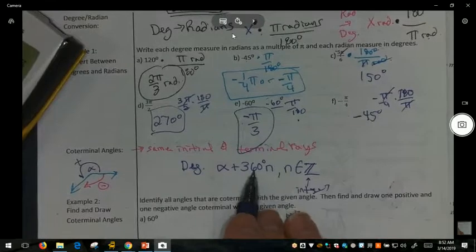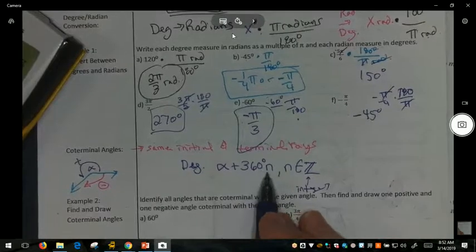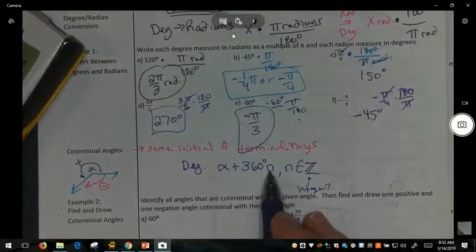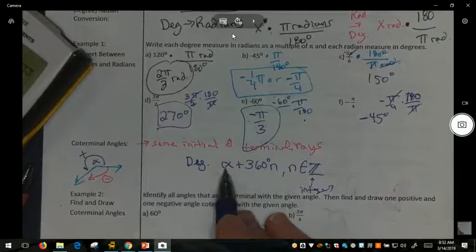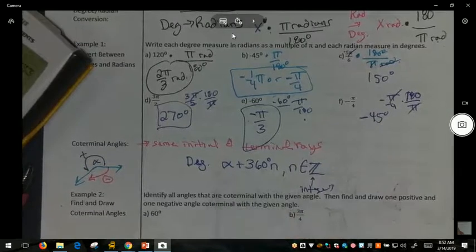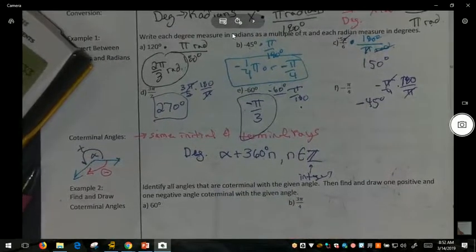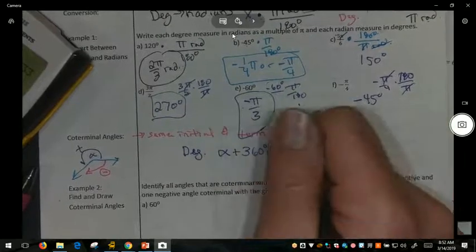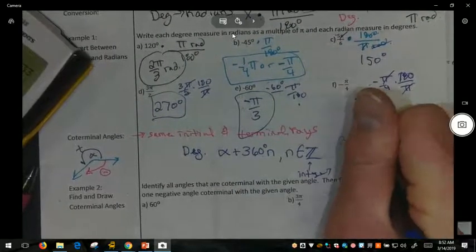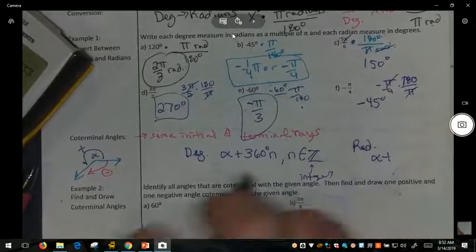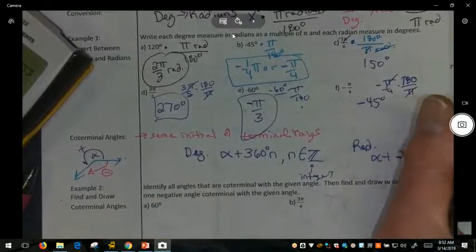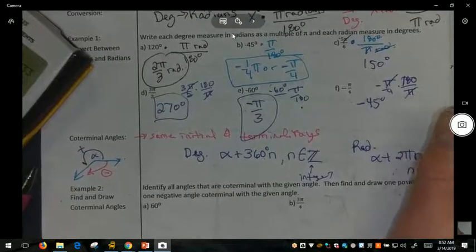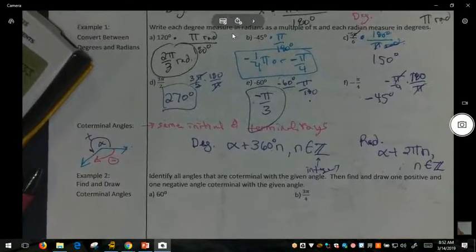That means that I can take 360 and multiply it by 1, 2, 3, 4, or 0, -1, -2, -3, -4, to infinity, counting positive and negative numbers. And if I add that value to our original angle, it would still have the same initial and terminal ray. In terms of radians, this would be alpha plus 2 pi n, since going full circle in radians is 2 pi units, again where n is an element of the integers.